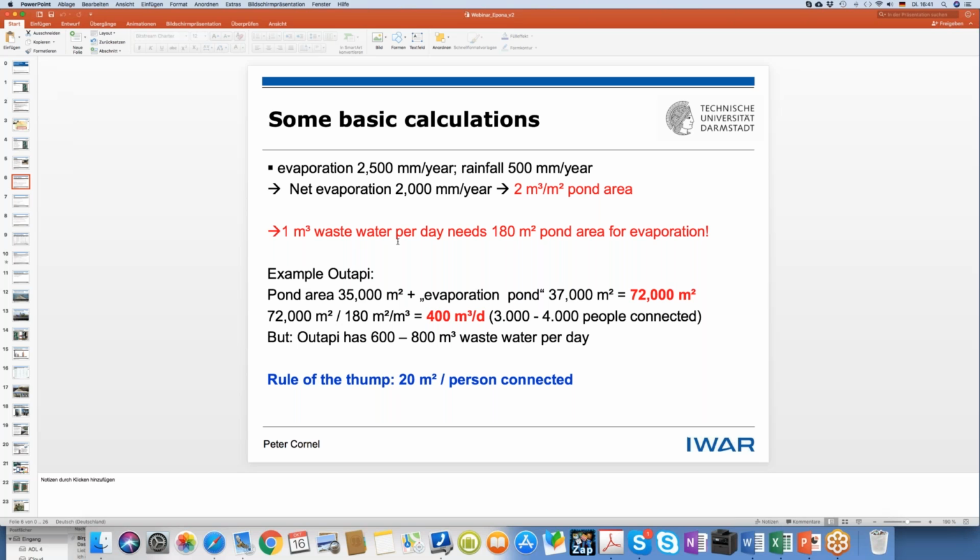And if you look over the year, that means if we want to evaporate 1 cubic meter of wastewater per day, we need about 180 square meters of pond area. So if we take all in consideration, we can evaporate about 400 cubic meters per day, but the wastewater inflow is much more. It's between 600 and 800 cubic meters per day.